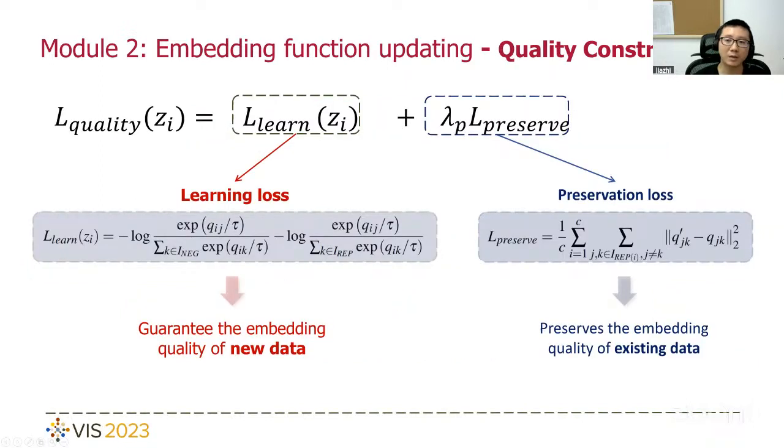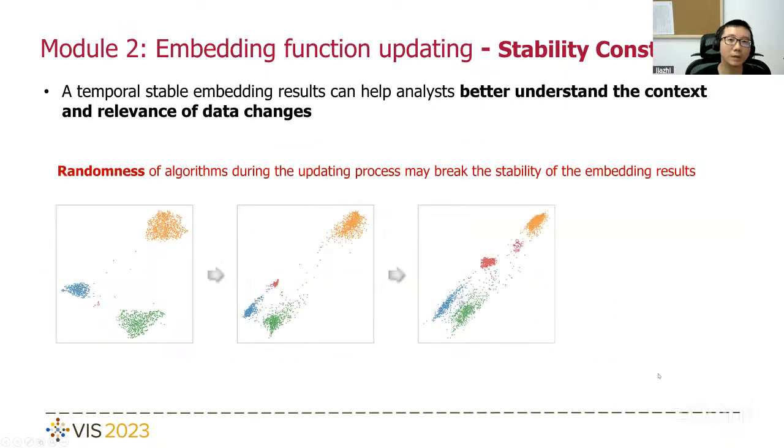In the quality constraint, we design two loss items, the learning loss and the preservation loss, to guarantee the embedding quality of new data and existing data. As for the stability, due to the inherent randomness of algorithms during the updating process, sudden changes can happen during the embedding updating.